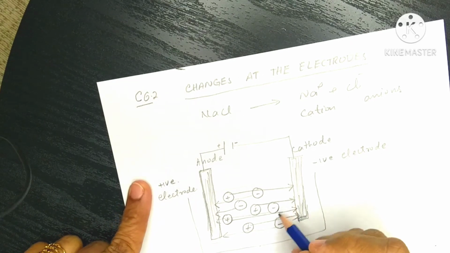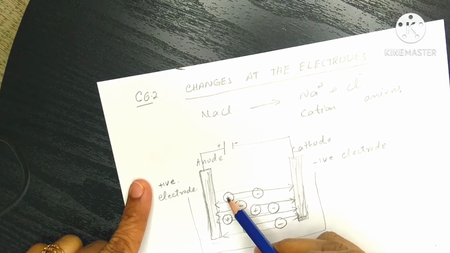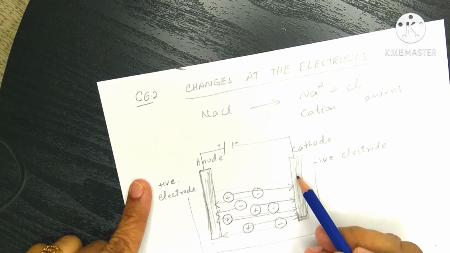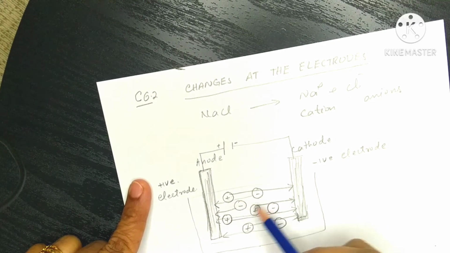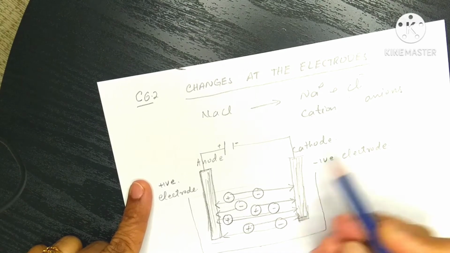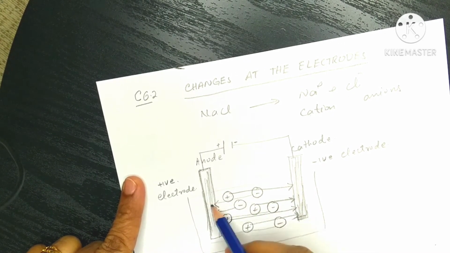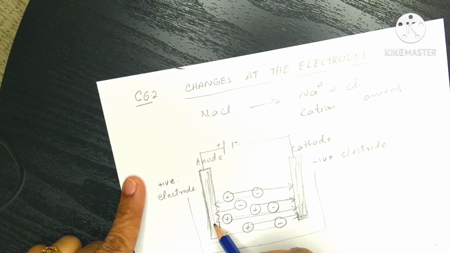Now it depends upon the charges on the ions and the charges on the electrodes. The cathode has a negative charge, that's why positive ions move towards the cathode. And the anode has a positive charge, that's why all the negative ions will move towards the anode.